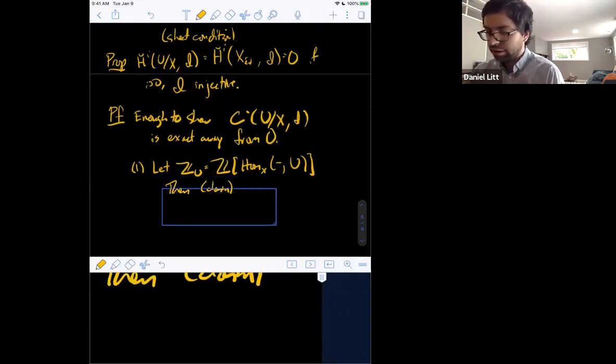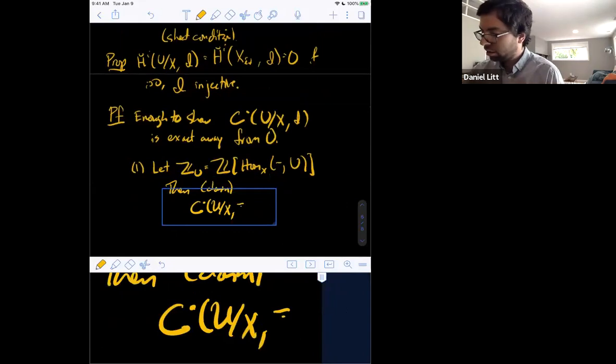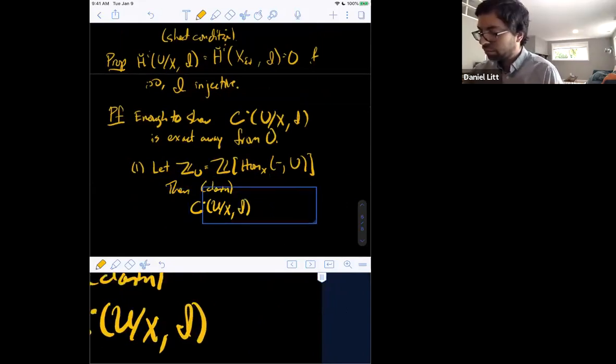Okay, then the claim is that we can rewrite the Čech complex as follows. It's the same as the following.